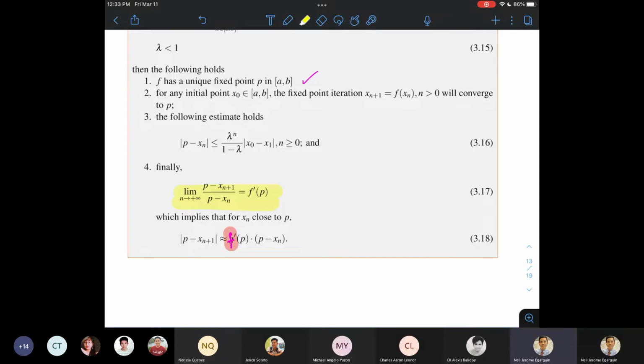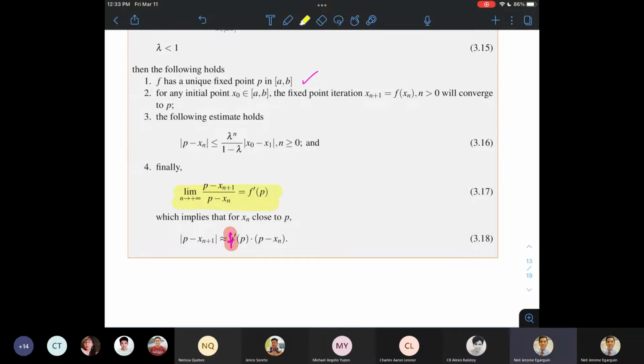Ano pa yung message ng equation 17? Anyone else? CK, baka alam mo rin. Okay, wala nang gusto mag-try.